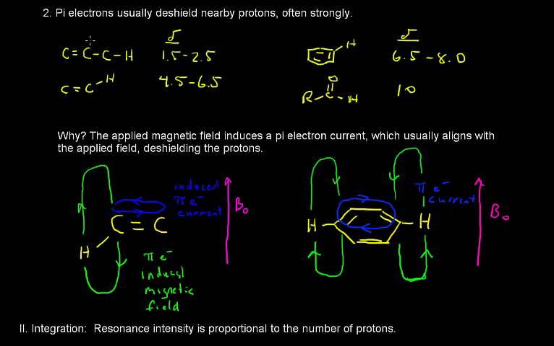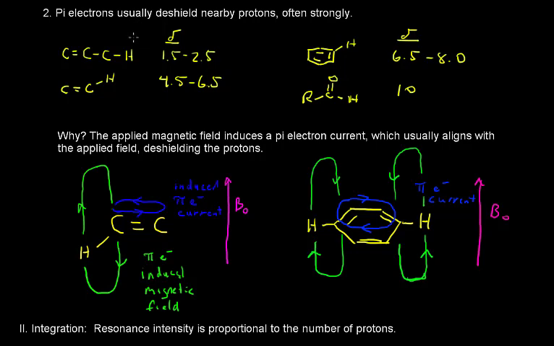In addition to electronegative substituents, there's another very common and very important structural feature that can strongly affect the chemical shift of observed protons, and those are pi electrons, as in double bonds, triple bonds, aromatic rings, and so forth. I've given you some examples of protons whose chemical shifts are altered by nearby pi electrons.